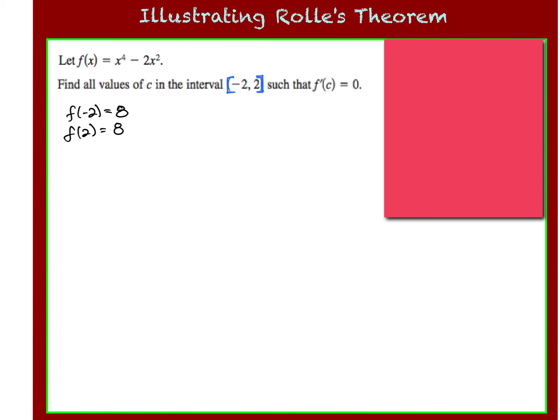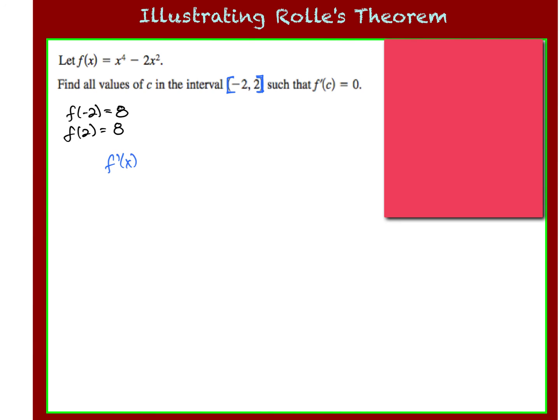Now, I know this isn't happening today. But I kind of want to preview what's going to happen tomorrow in the later days. What is the slope between these 2 points? 0. And what are we going to do with our derivative? We're going to set it equal to 0. Okay, good. All right, I just want you to think about that just a little bit. So I'm going to take a derivative.